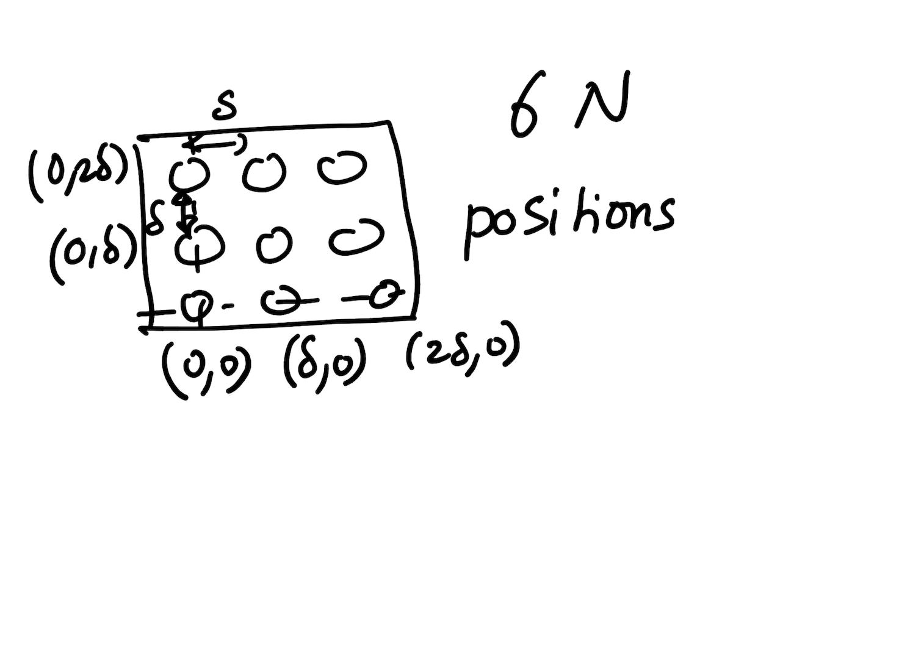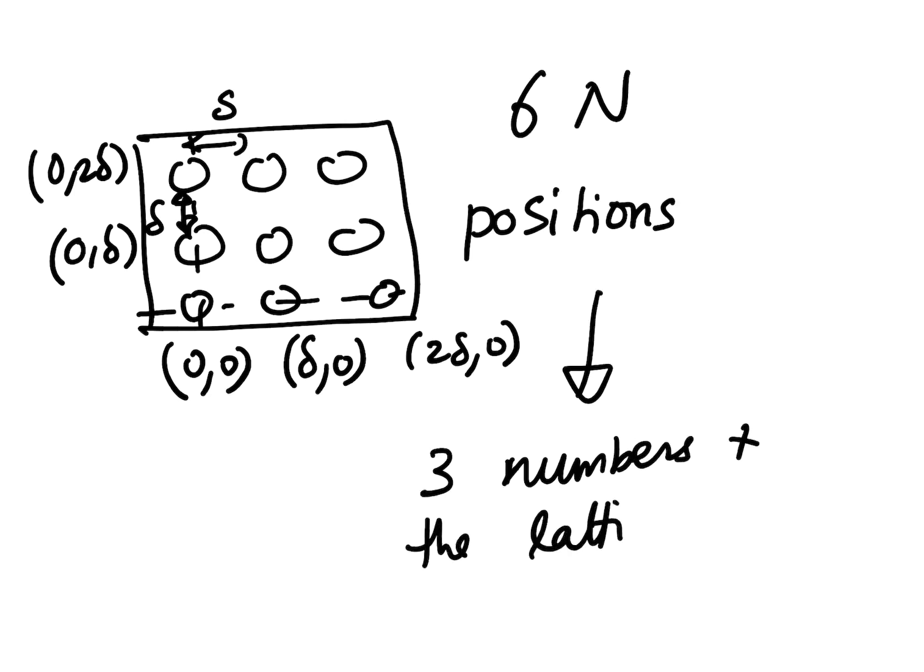So what you really need to know is the position of the first atom, that is, 3 numbers, plus the lattice spacing. You just need to know 4 numbers for a very simple situation.